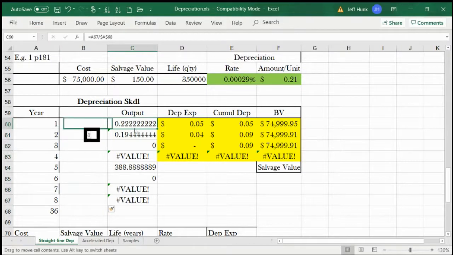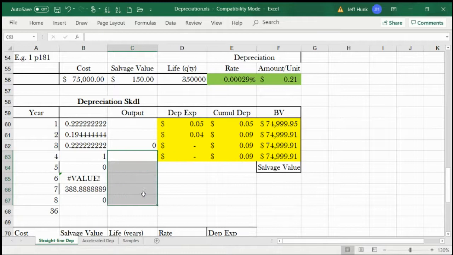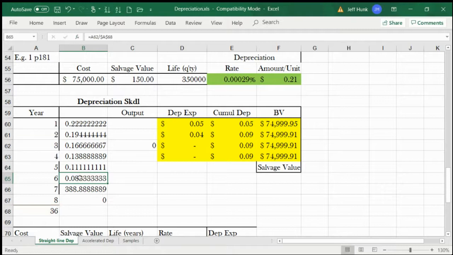And then actually this is the weight. Again, 5, 4, 3, 2, and 1.